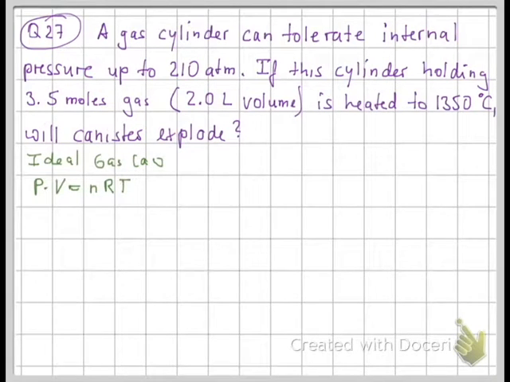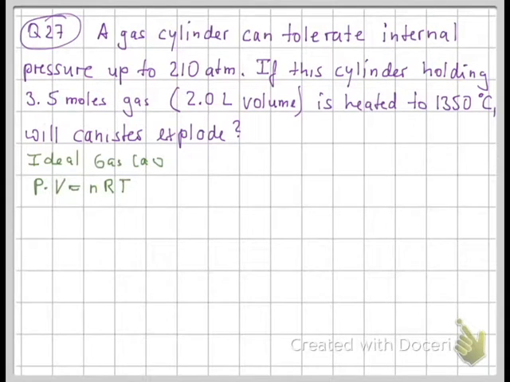And will it explode? Gas cylinder can tolerate internal pressure of up to 210 atmospheres. If the cylinder holding 3.5 moles of gas at a 2-liter volume, that's the volume of the cylinder, is heated to 1,350 degrees Celsius, will it explode?